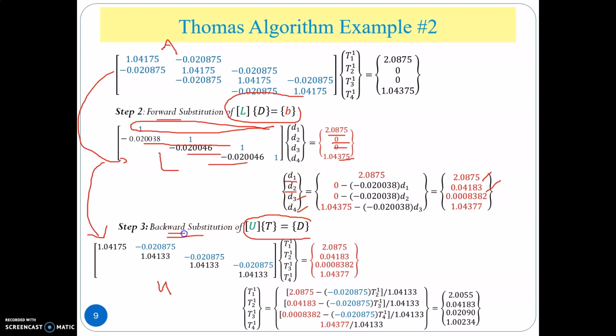For the backward substitution, you need to start from the last row, and you obtain your T41 answer to be this, and you continue with the second-last row to obtain T31, and if you continue, you obtain T21 and T11. So this is the answer for the temperature at 4 locations at time 1.